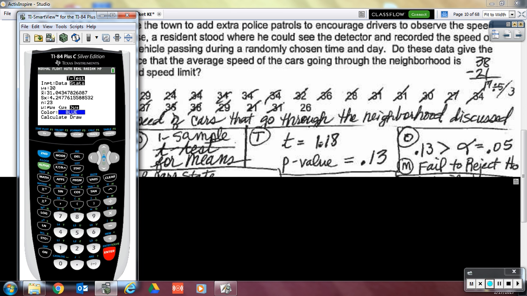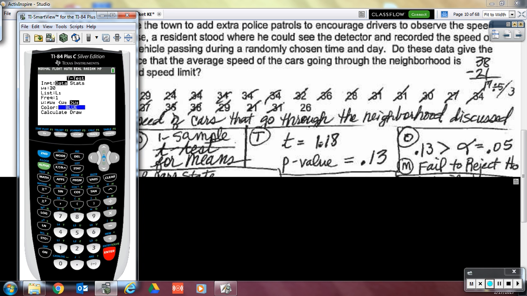But you would have that if they gave you the statistics such as the sample mean and the sample standard deviation. They didn't give us that. They gave us individual pieces of data. So if they give you individual pieces of data, highlight this word data right there and hit enter.